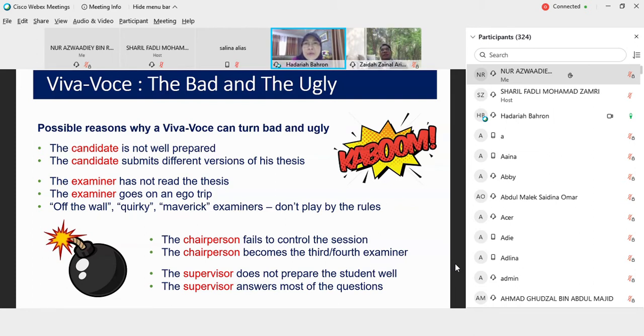I would go through every single slide with my students just to make sure that he knows what he writes about and he is on top of everything. And it is going to be bad also if the supervisor answers most of the questions. The examiner asks the student, the supervisor answers. Ask the student, supervisor answers. That's bad. Don't do that, okay?